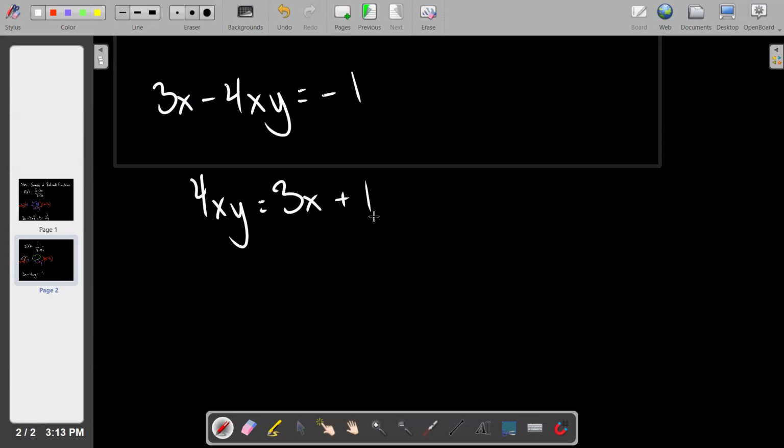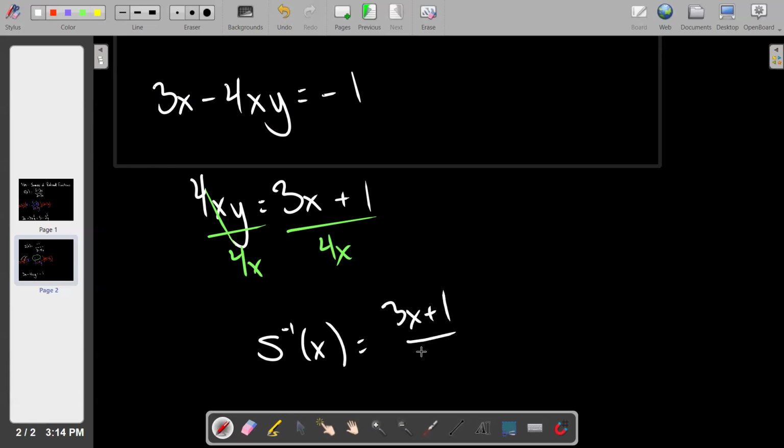It doesn't matter. I wanted to move the 4xy so he'd be positive, and then I thought, oh, how convenient. If I then have to move the 1, he'll become positive too. It's a positivity fest at this point. So what's the last step? We just divide by the 4x and we're out. So our final answer is S inverse of x is equal to (3x + 1) over 4x.